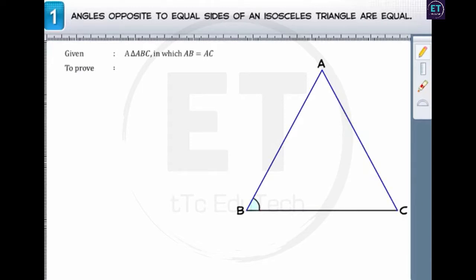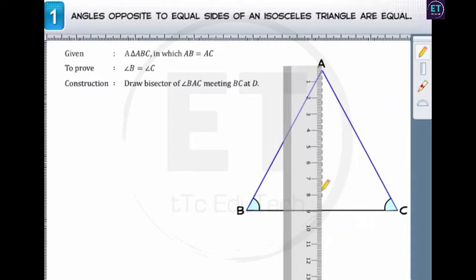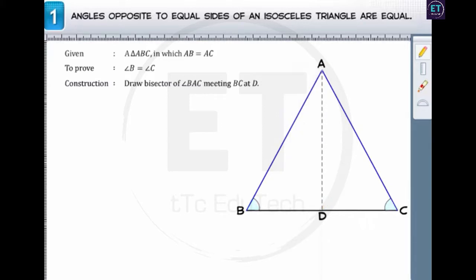We have to prove that angle B is equal to angle C. Angle B is opposite to side AC, and angle C is opposite to side AB. We'll begin by drawing a bisector of angle BAC meeting BC at D. First, we will show that triangle ABD is congruent to triangle ACD.